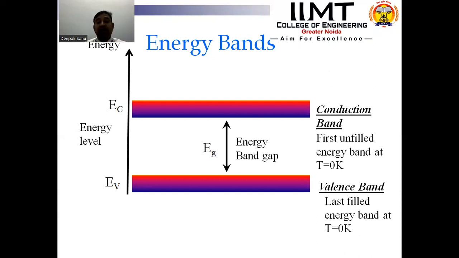For example, here the very basic elementary description of energy bands is given. The topmost band pattern is known as the conduction band, having at its lowest point the energy of conduction, and the bottommost energy pattern is the valence band, which has its topmost point at the valence band energy level.